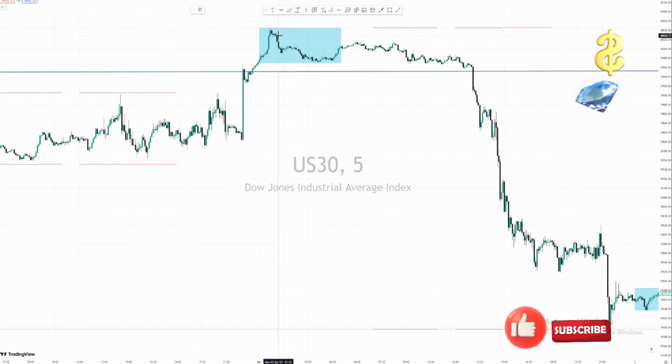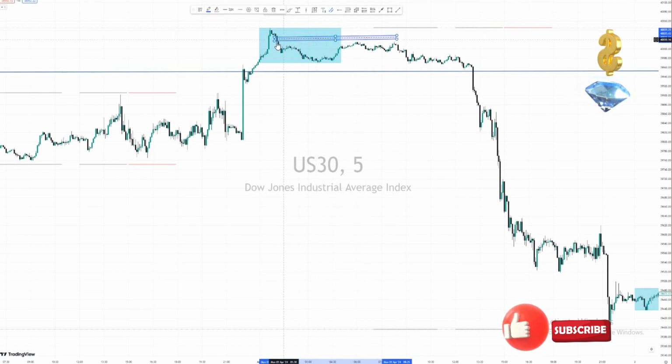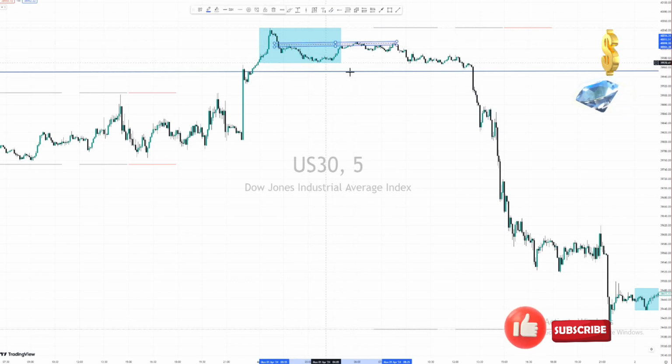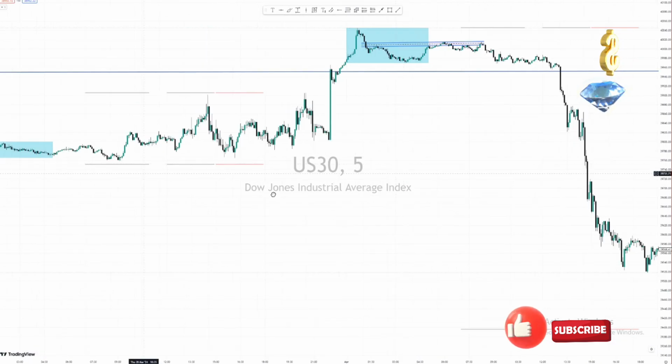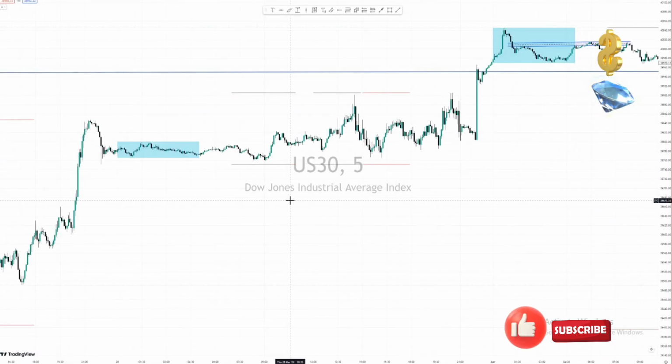Then we see that there's a fair value gap here. Okay, now according to ICT, there are two imbalances here. Once you have two imbalances, you take the lower one. So if you do that, you will enter, and price has been tanking from that time till now.